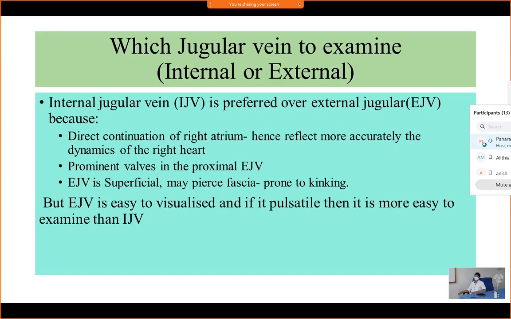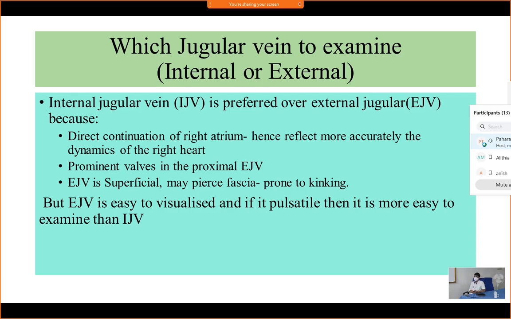So which jugular vein to examine, internal or external? The internal jugular vein is preferred over the external jugular vein because it is a direct continuation of the right atrium, hence it reflects more accurately the dynamics of the right heart. There are prominent valves in the proximal external jugular veins, which prevent the direct reflection of the right atrium into the external jugular veins.